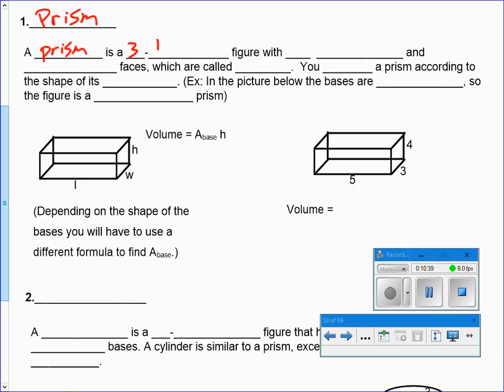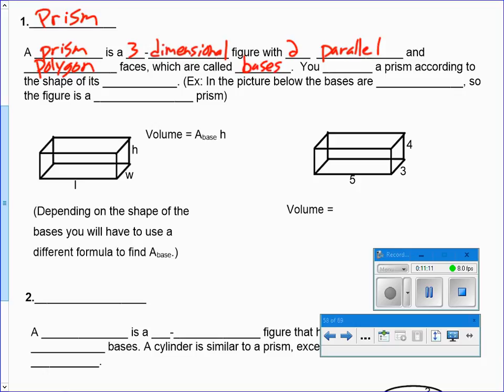A prism is a three-dimensional figure that has two parallel polygon faces. These are called the bases.